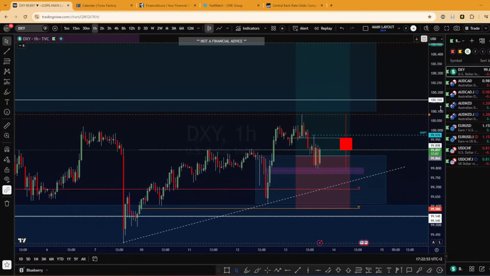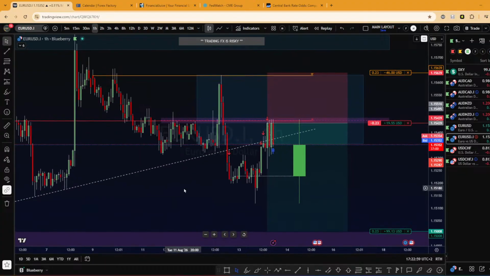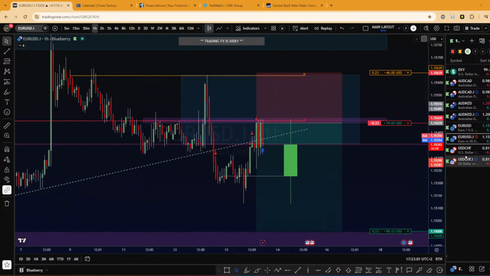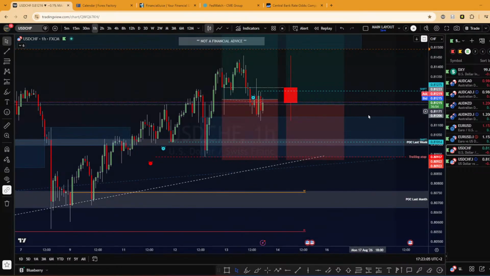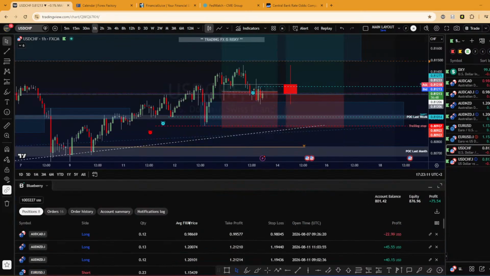I want to be bullish on dollar. Being bullish on dollar means being short on euro USD. This is a short-term trade, by the way, and being bullish on USDCHF. So these are all the trades I'm holding right now.